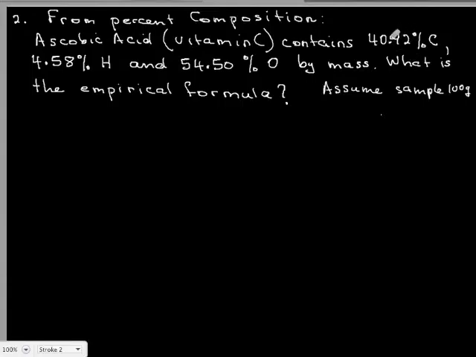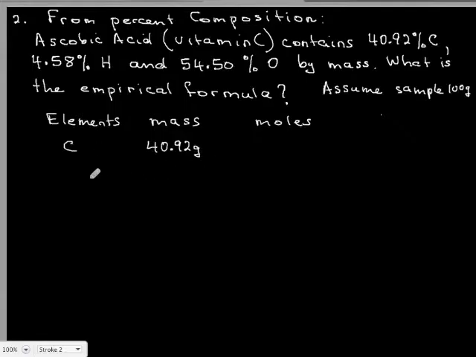So 40.92% of 100 is 40.92 grams. So when you make your list of elements here, and you have your mass, and you have your moles, carbon will simply be 40.92 grams.